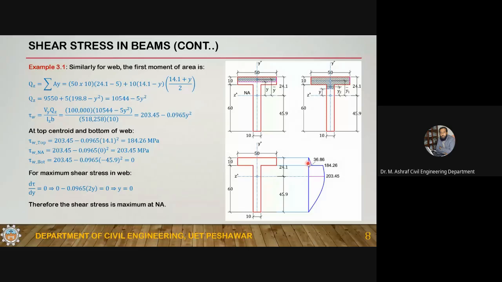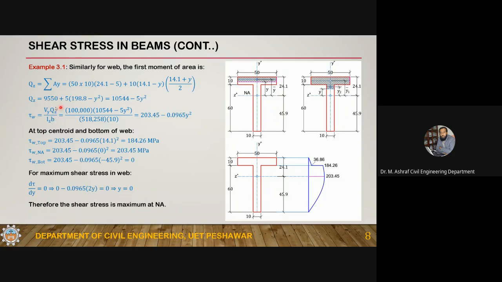So this change is because of the width. Since the first moment of area at this location is the same for both cases, the only thing which is variable is b. b in the flange is 50 and b in the web is 10.